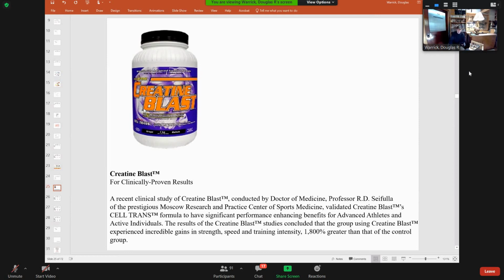If you want performance, the Russians have been pretty good at it. They've validated creatine blast. Cell trans. Don't eat anything that says cell trans, ever. Formula to have significant performance enhancing benefits for advanced athletes and active individuals. I'm not sure if that's an exclusive group or not.